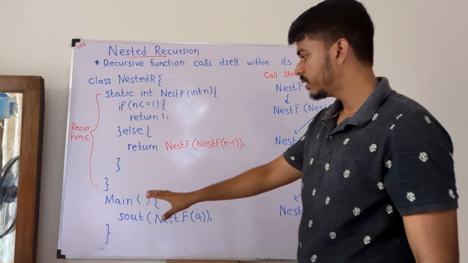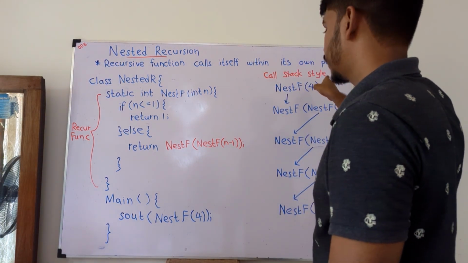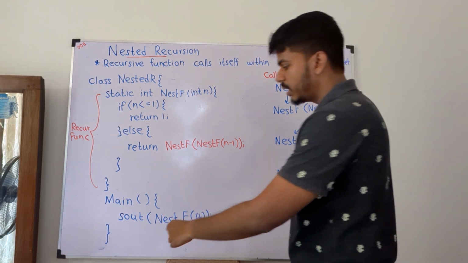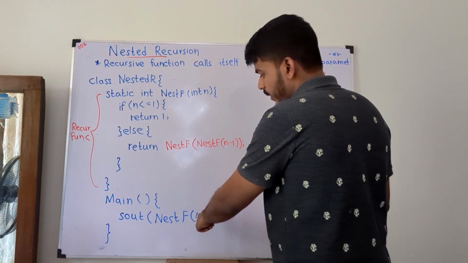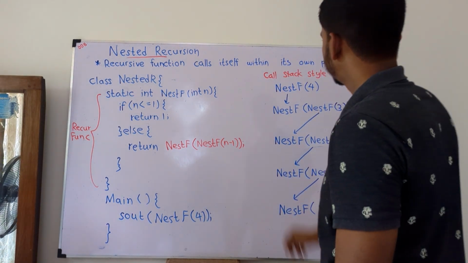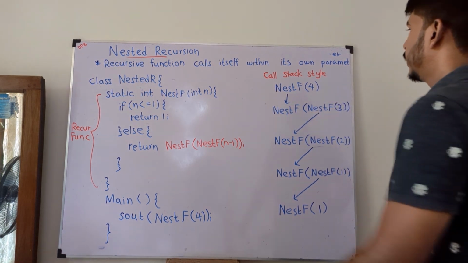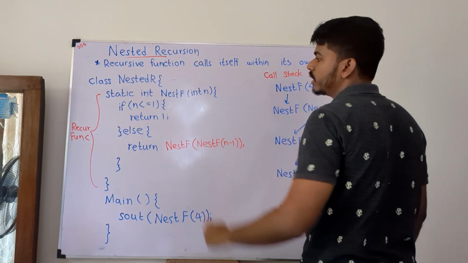So in order to understand what this function does, let's look at this call stack. Here in this main function, I have called the nested function by taking integer 4 as an argument. So here nestF(4) is going to take 4, and check whether 4 is less than or equal to 1.